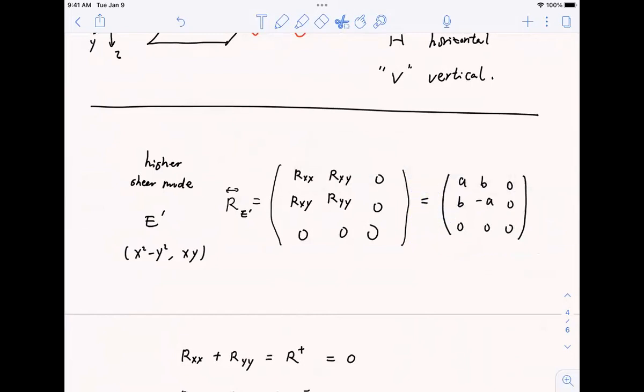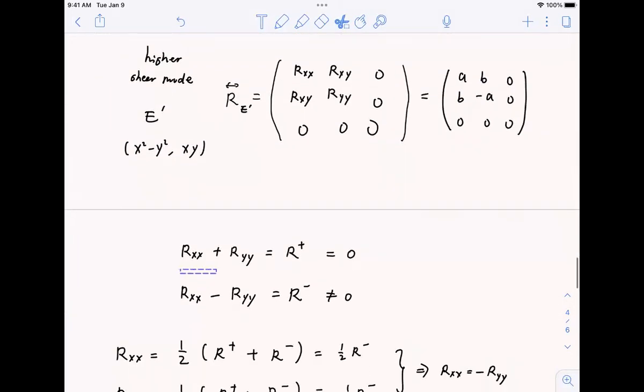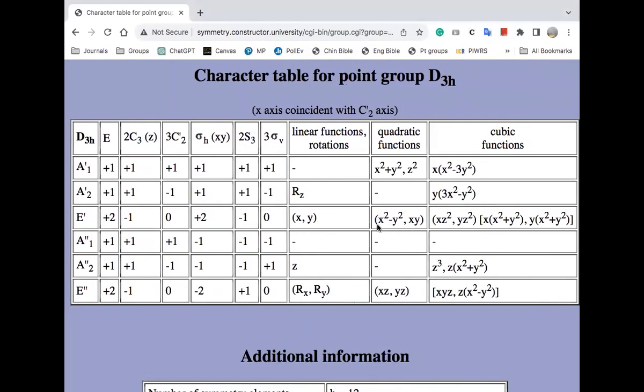Is that okay? This one? Because group theory tells you that only these two elements are finite, all the others are 0. Only this combination transforms like an E prime representation.